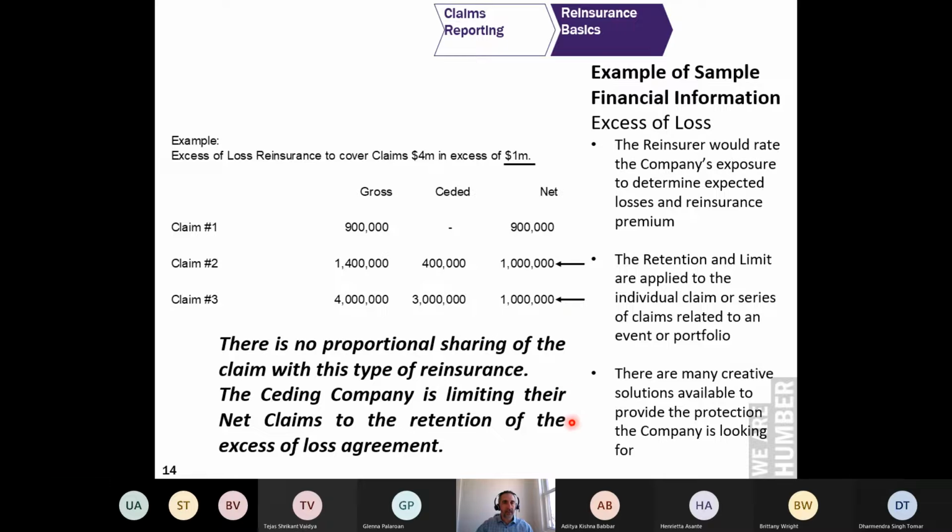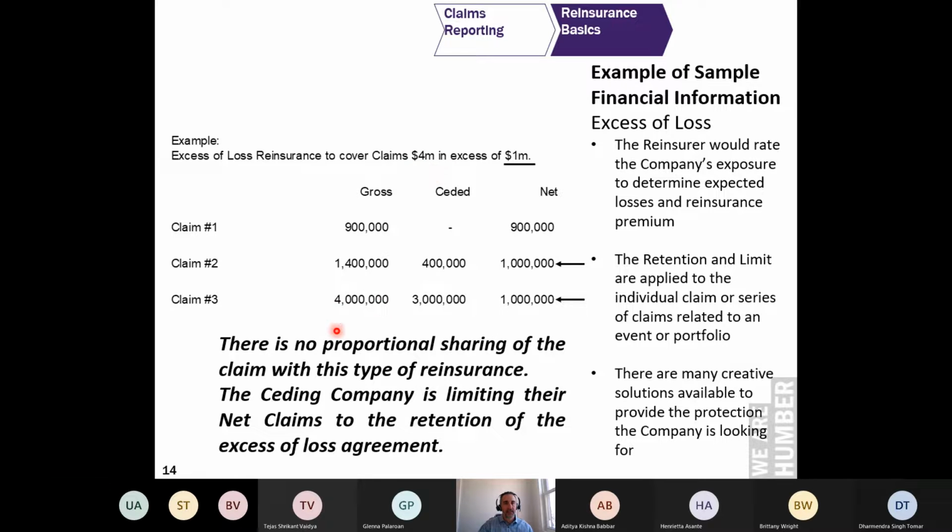Okay, so my last note here is that with coverage in excess of 1, that would limit the net claims incurred to whatever their treaty agreement is, 1 million, on an individual claim or per risk or event or whatever the agreement is. One thing to note is that this agreement specifically, and we talked about it last week too, the reinsurer is saying, the most you could send me is 4 million.